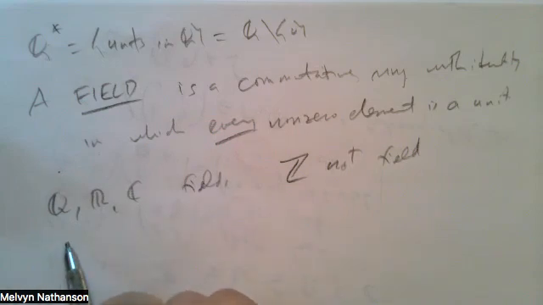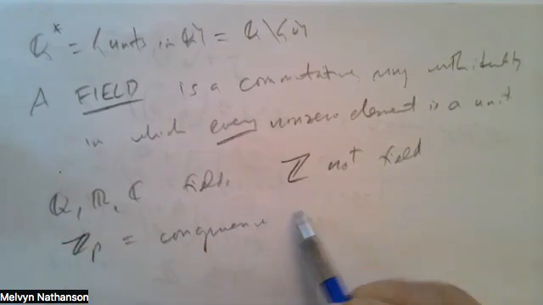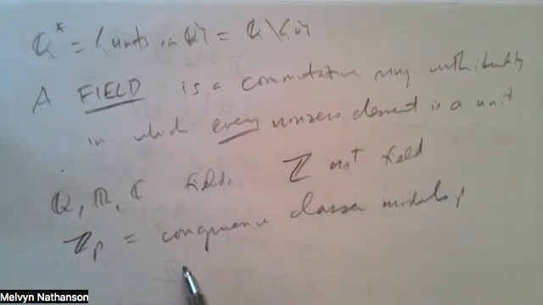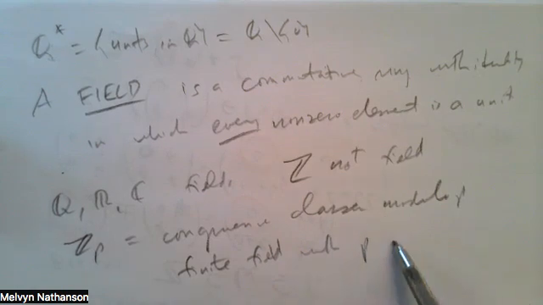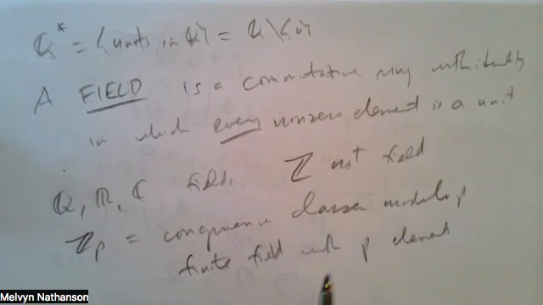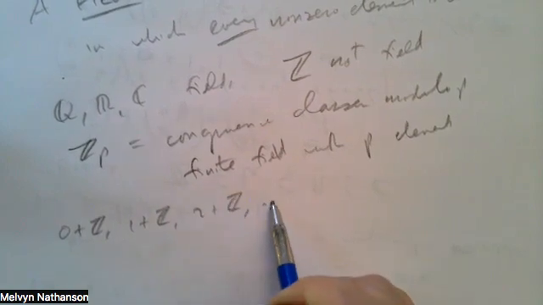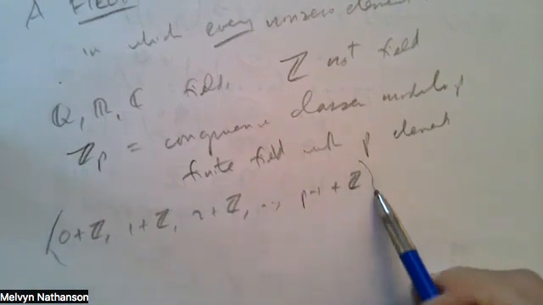In fact, if we take Zp to be the congruence classes modulo p, this is a field. It's a finite field. That is, it's a field with exactly p elements, right? What are the elements? You can take 0 plus pZ, 1 plus pZ, 2 plus pZ, up to p minus 1 plus pZ. These are the p congruence classes. That's Zp.